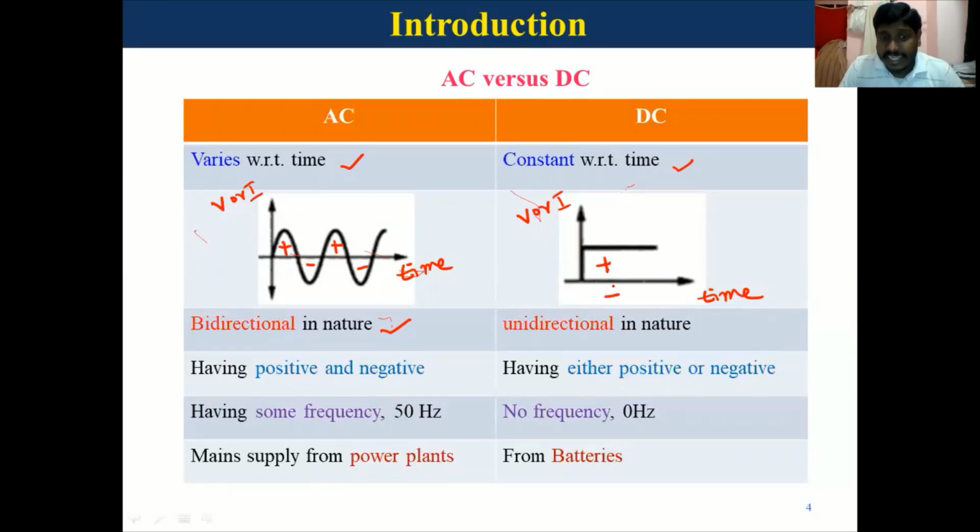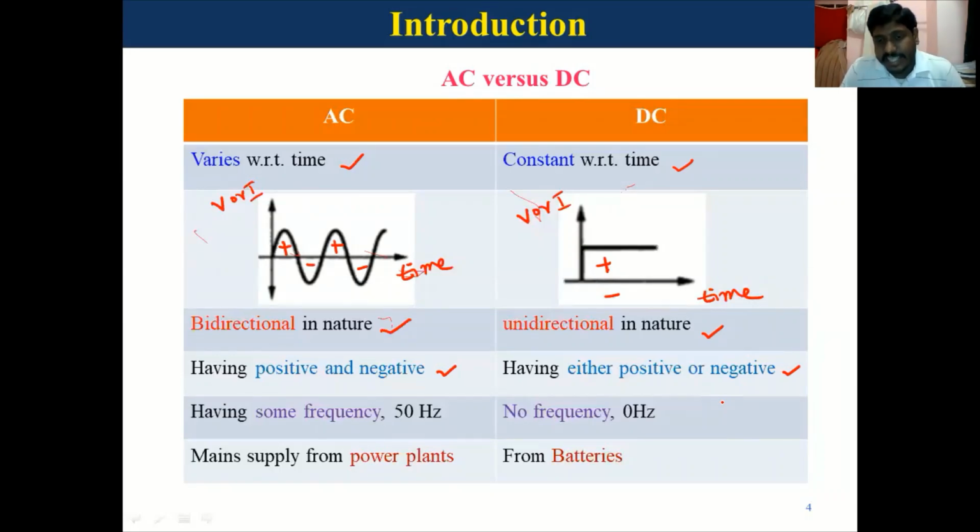Means the DC is unidirectional in nature, having only one polarity. So AC has both positive and negative, the two alternatively changing, but DC may have either positive or negative, that depends. That's why for AC there is no need to represent the polarity. This positive and negative continuously changes.